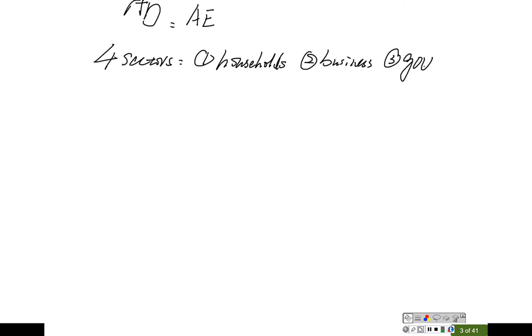So I just use GOV to represent the government. And plus, in today's world, every country has interaction with other countries. So that's the foreign sector. Those are the four sectors almost every economy has. So the spending or expenditure from these four sectors represents the aggregate demand.